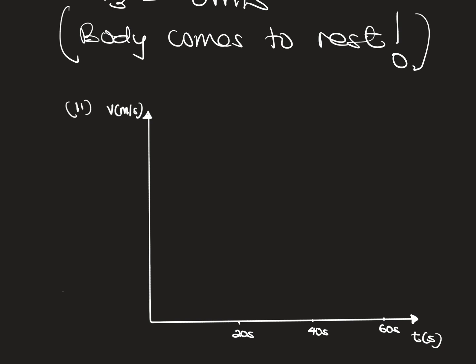For the first interval, the body starts from rest and it accelerated, right? So this is how it is. So that is the acceleration for the first interval, okay? And what was the final velocity for the first interval? It was 54 meters per second.